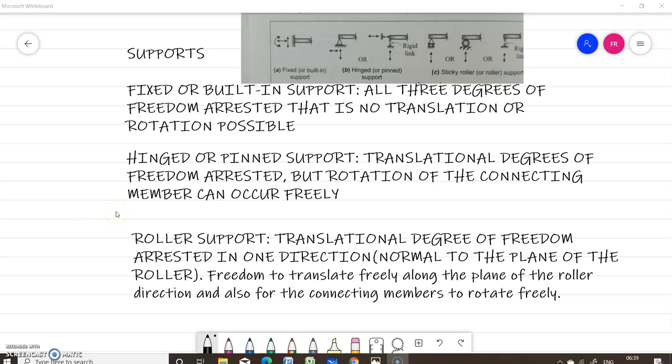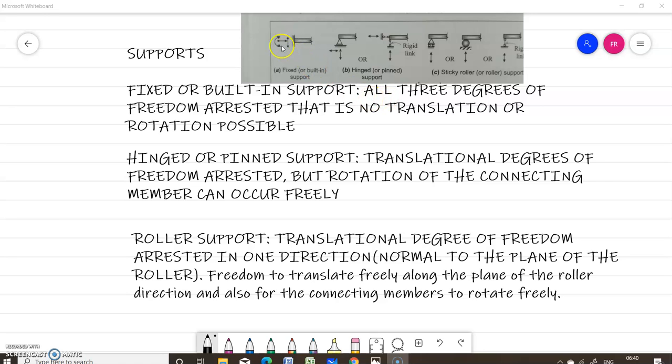So the beams are classified based on the supports. What are the different types of supports? Fixed or built-in support. This is an example of a fixed or a built-in support. Usually the movements allowed are in the horizontal direction and in the vertical direction. These two are translations, and a rotation in the clockwise or anti-clockwise direction.